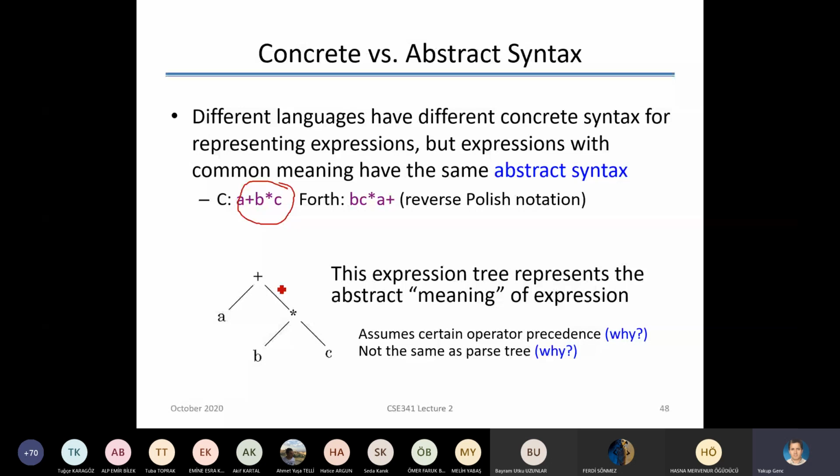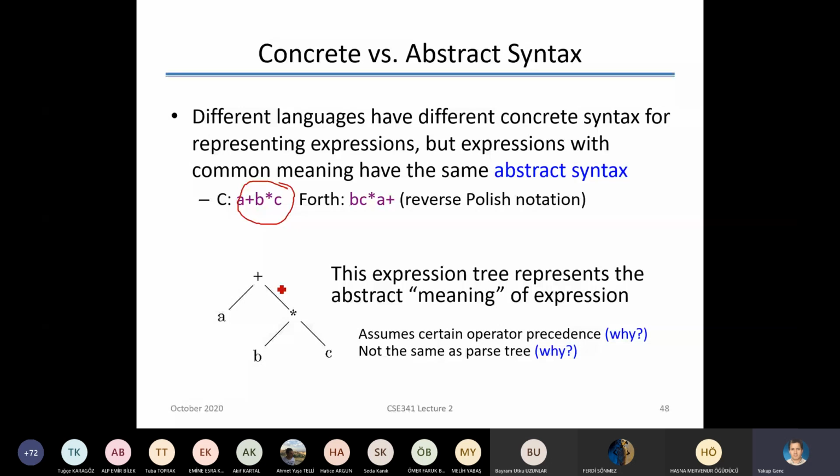So usually for expressions, we have what is called an expression tree, representing the abstract meaning of an expression. If you have an expression tree, you can get the meaning of this abstract syntax.